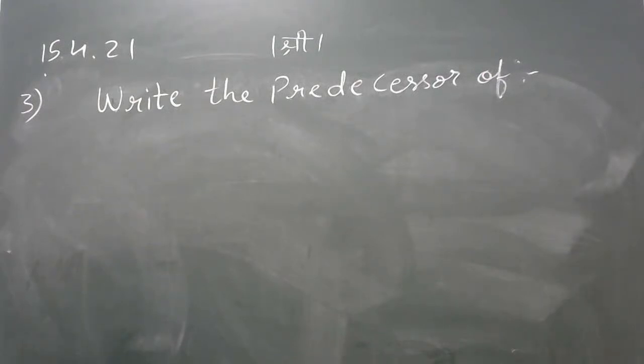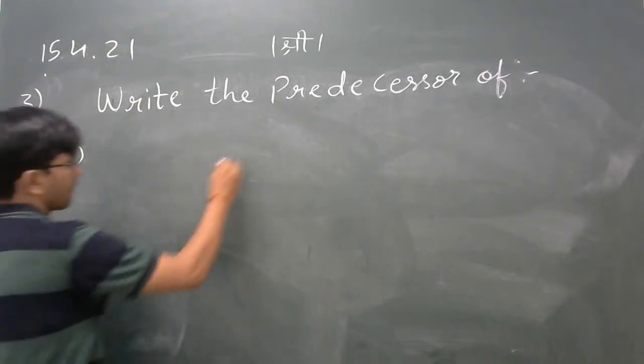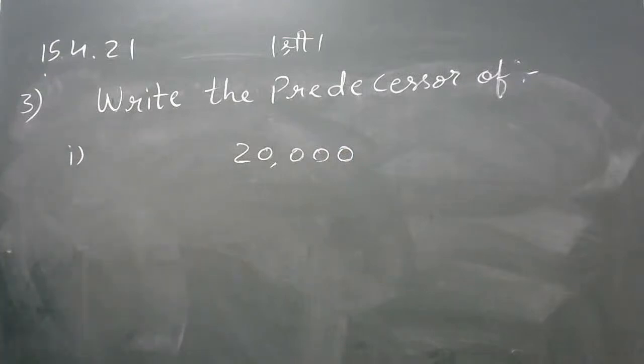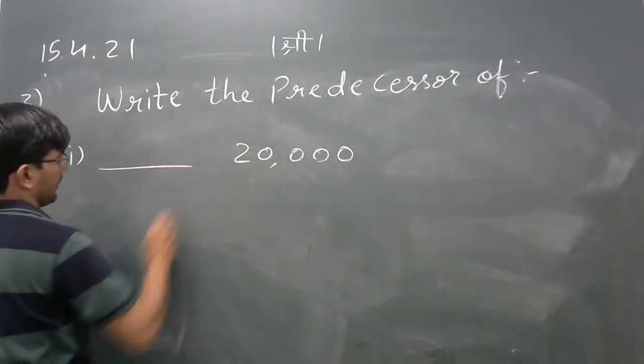Write the predecessor of first, $20,000. Here you all can write the predecessor.